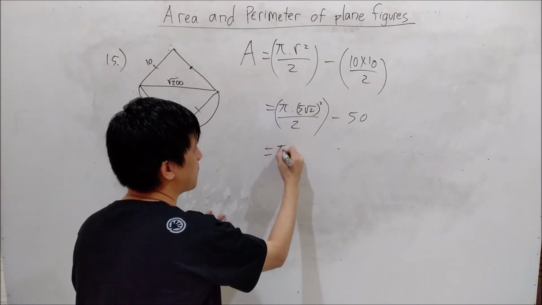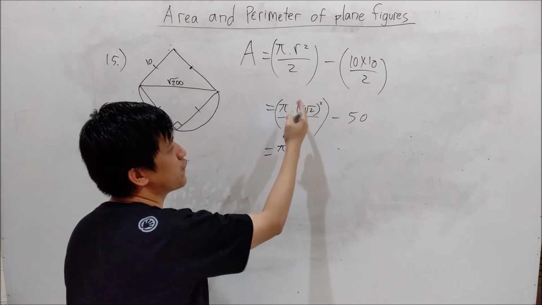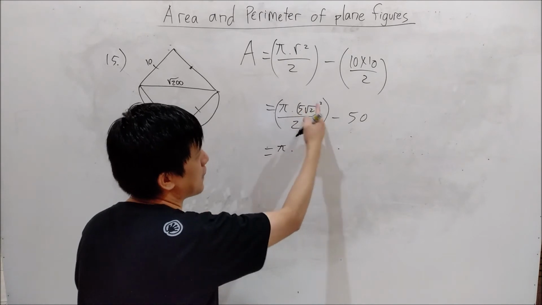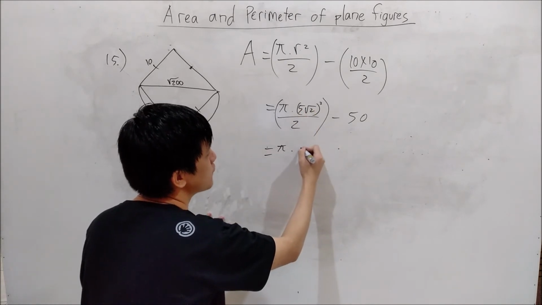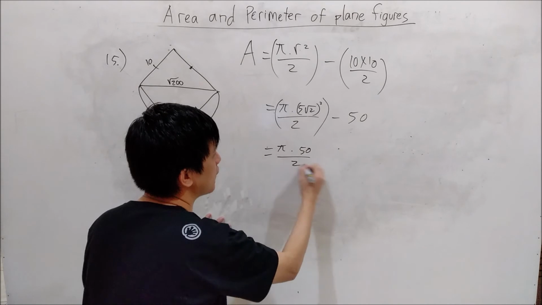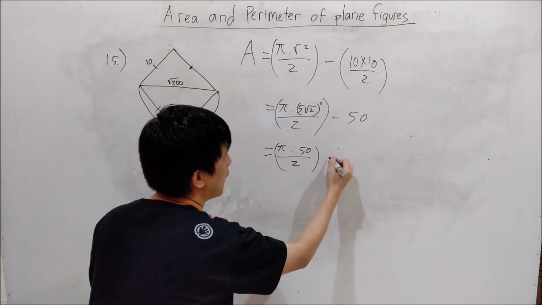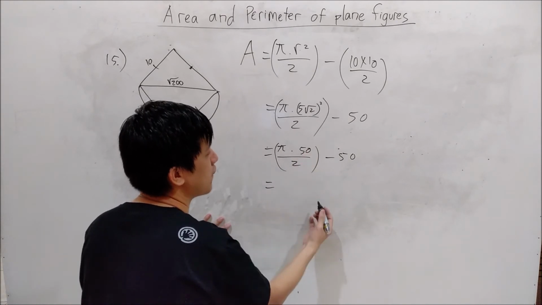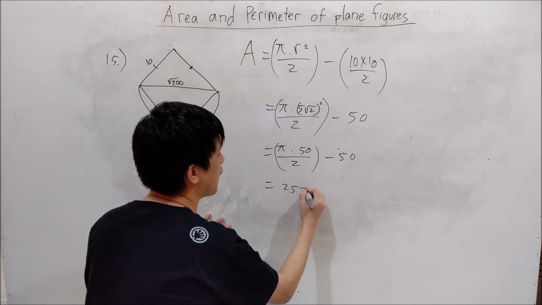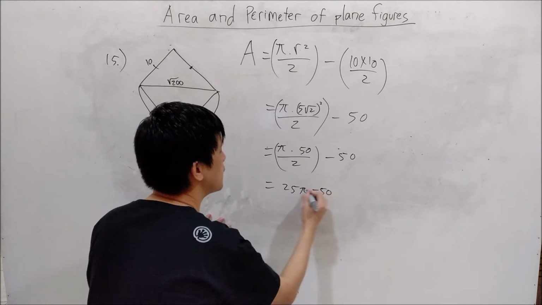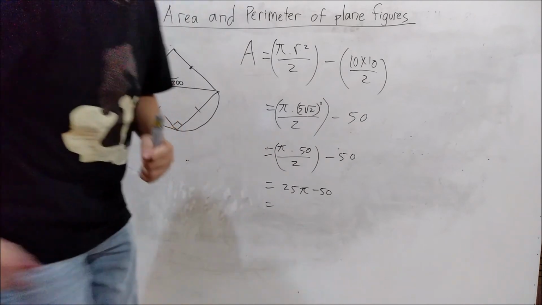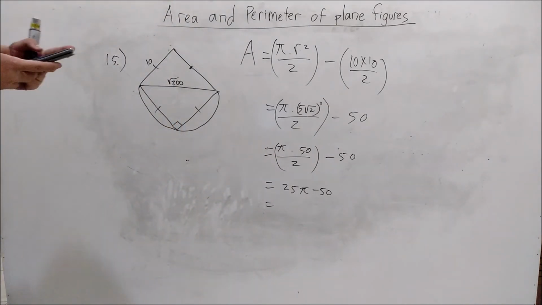Okay, so leave it as a pi still. So this 5 square root of 2 square will give us 5 times 5, 25 times 2, 50 divided by 2, and then minus 50. So when you divide 50 and 2, you will have 25, so you will have 25 pi minus 50. Then this is where you will use pi as 3.14. But we are going to try to count that using calculator.